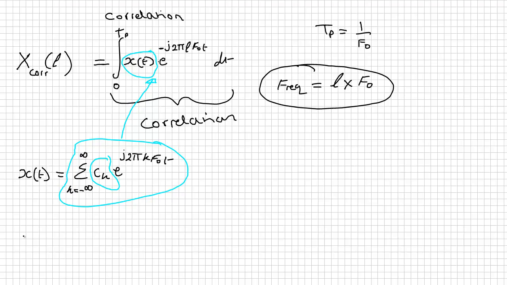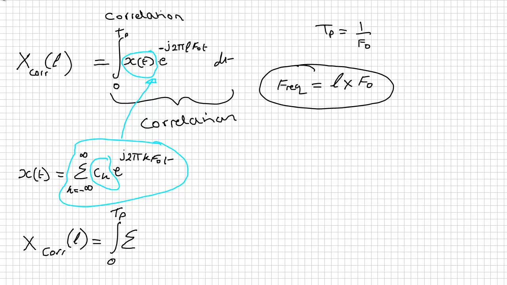So we're going to write down x correlate, which is a function of L, is equal to the integral over the period Tp. And now we carry out the substitution.